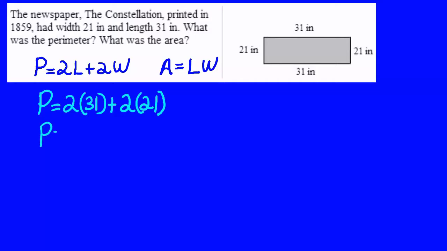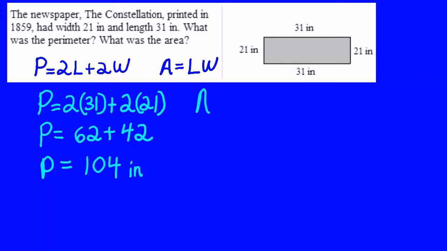So perimeter P is going to equal 2 times 31, which is 62, plus 2 times 21, which is 42. So the perimeter will be what we get when we add these two together, which is 104 inches. Now we find the area. The area equals the length times the width.